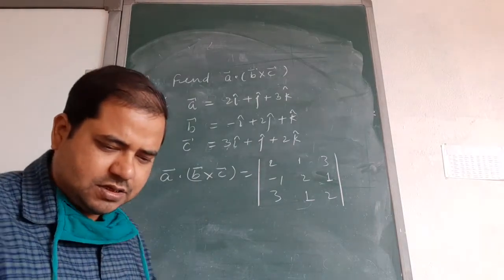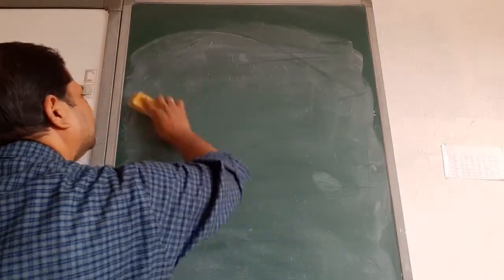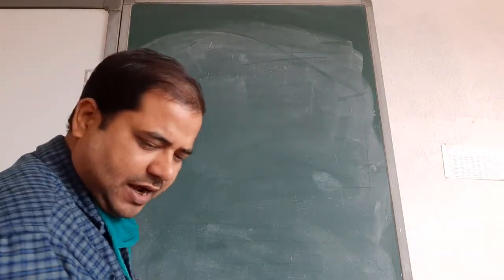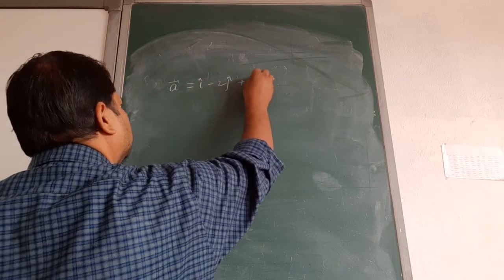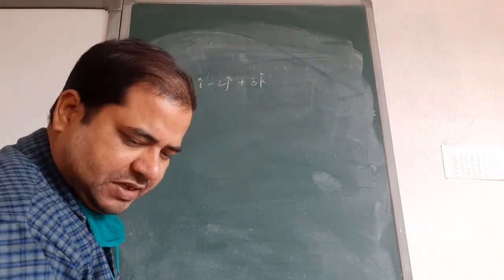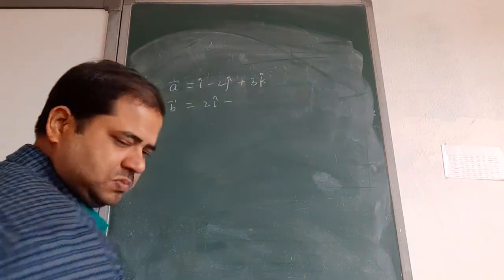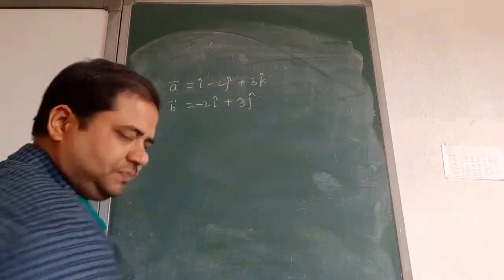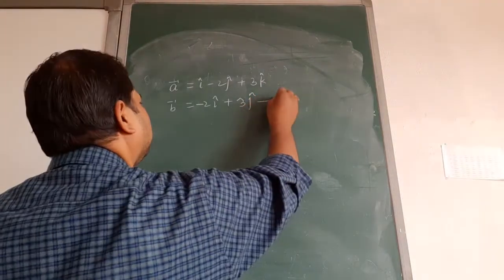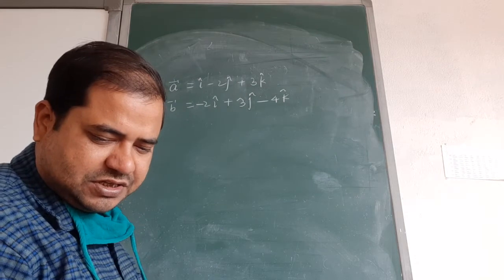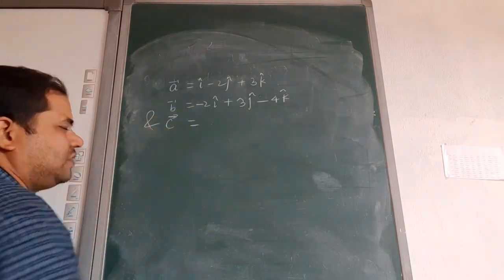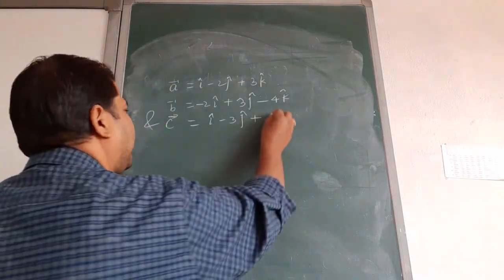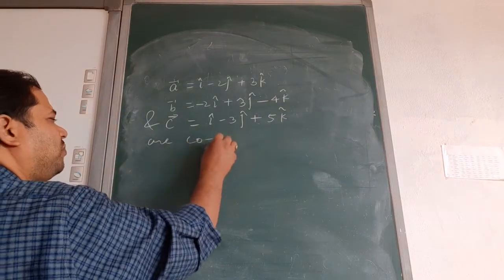Next one is show that the vectors A is equal to I cap minus 2j cap plus 3k cap, B is equal to minus 2I cap plus 3j cap minus 4k cap, and C is equal to I cap minus 3j cap plus 5k cap are coplanar.